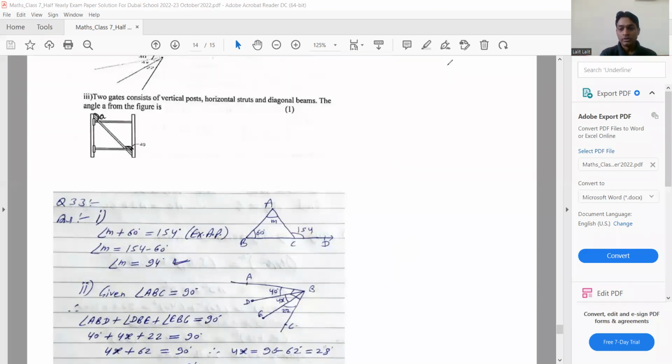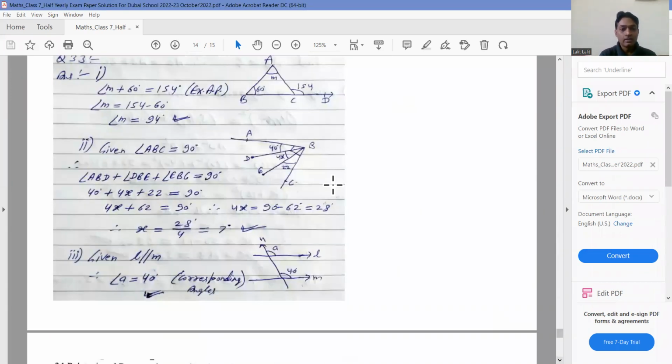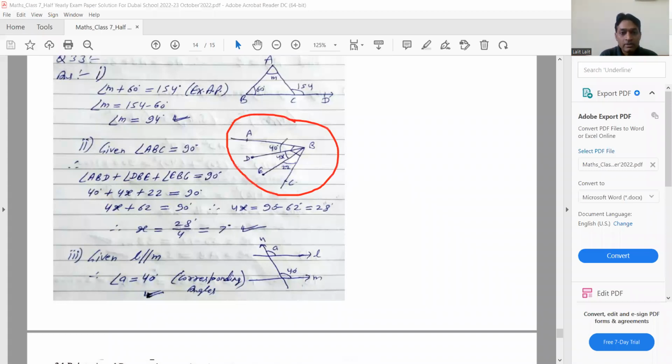Now the second question. In the second question, they are asking the value of x. Here is the figure which they have given. The values of these three angles are given as 40, 4x and 22. But this big angle ABC is already given, which is 90 degrees. So can we say that this big angle ABC of 90 degrees is the sum of all three angles?